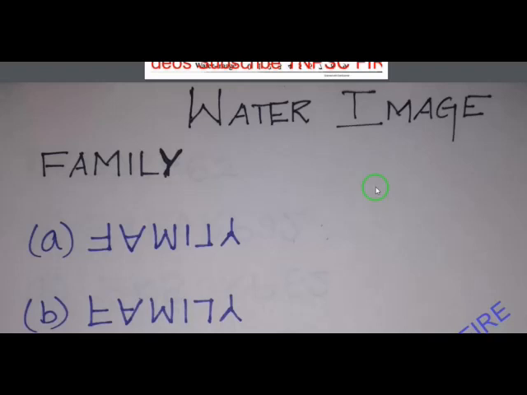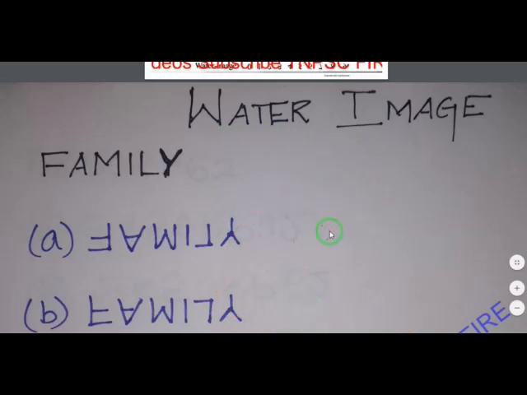When you reverse the page, you will get the water image for family. Whenever you see a water image question, whatever word they give, write that word on the white sheet, then reverse the page and you will get the water image.